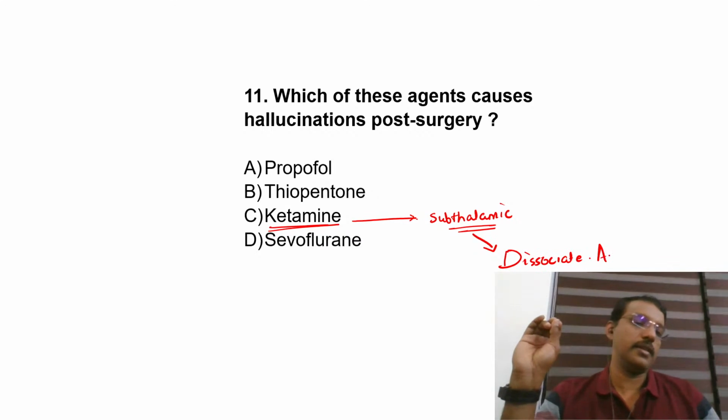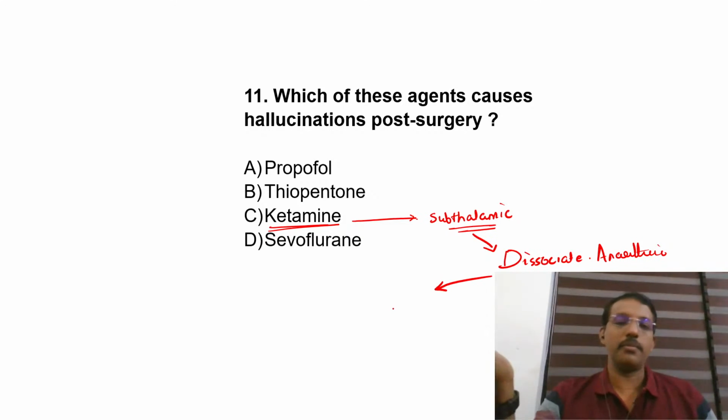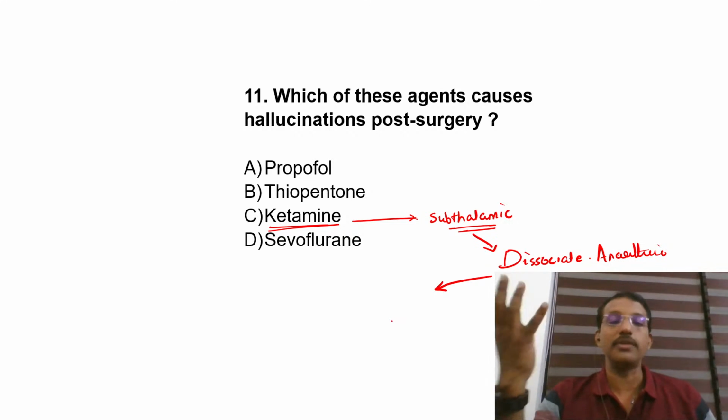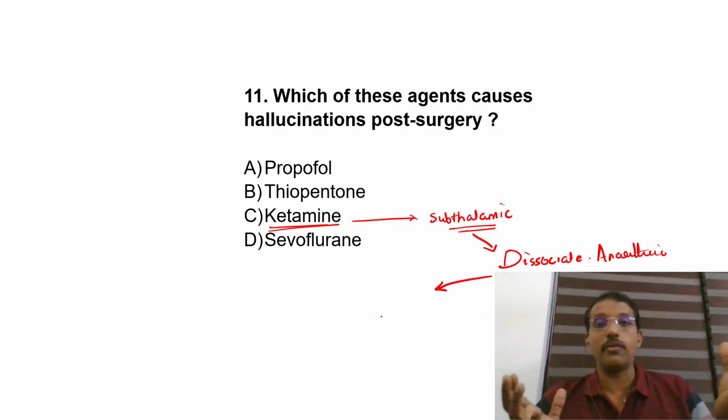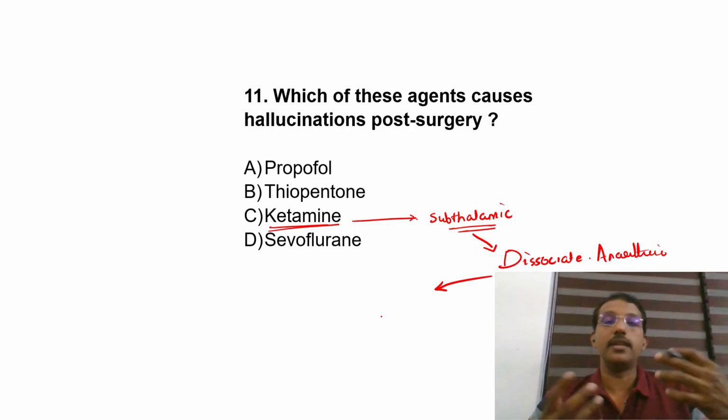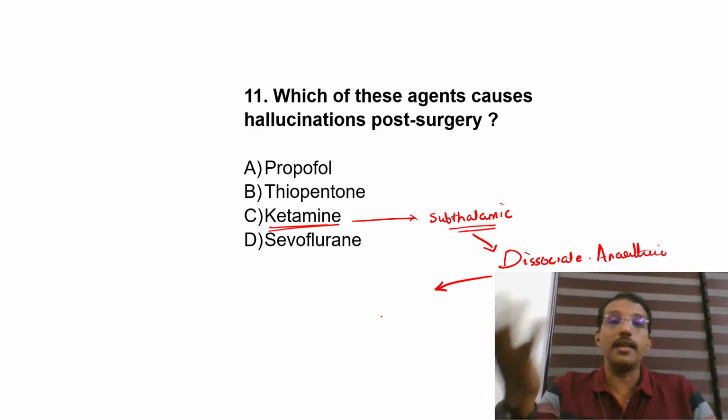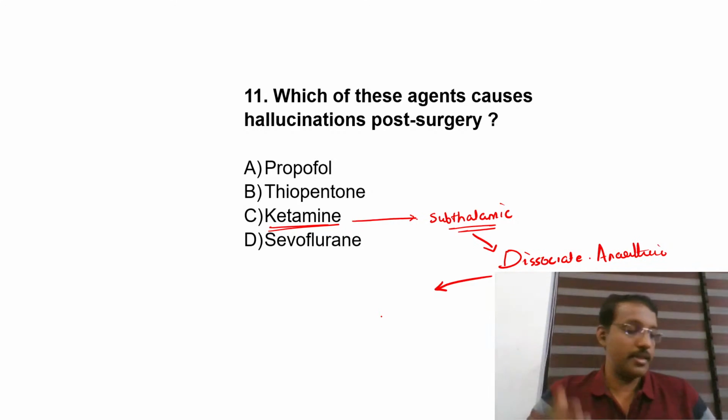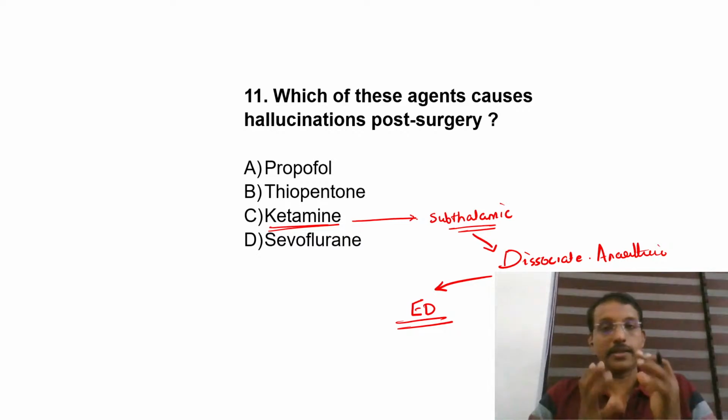Once a patient emerges from dissociative anesthesia, they used to have vivid dreams or fearful dreams or hallucinations to which they react in a violent manner, and that is why it is called emergence delirium. They are unpleasant hallucinations.